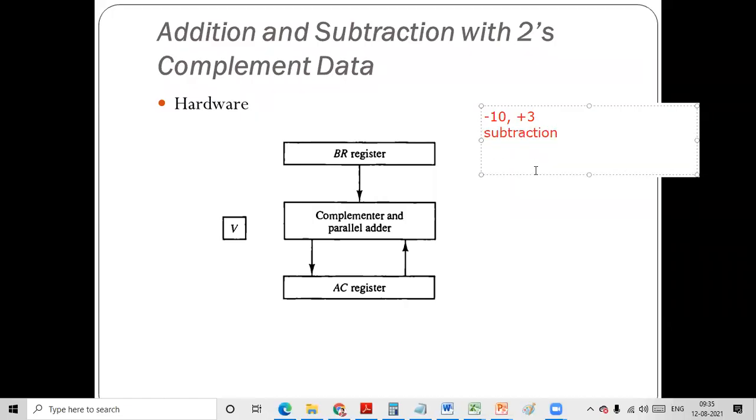Our accumulator is minus 10. Plus 10 is 0, 1, 0, 1, 0. Minus 10 is 1, 0, 1, 1, 0.